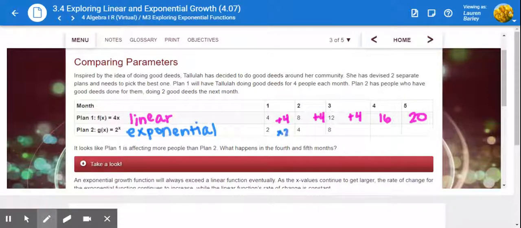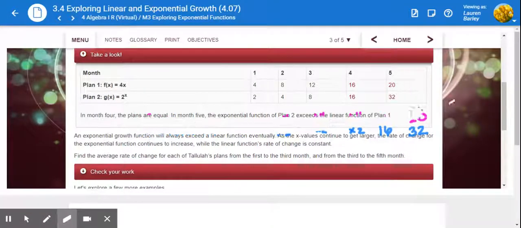So we're multiplying by 2, multiply by 2, multiply by 2. In month 4, we're at the exact same amount of good deeds, but if I multiply that number by 2, in month 5, we begin to exceed or go over or have more good deeds. So that is telling us something very important.